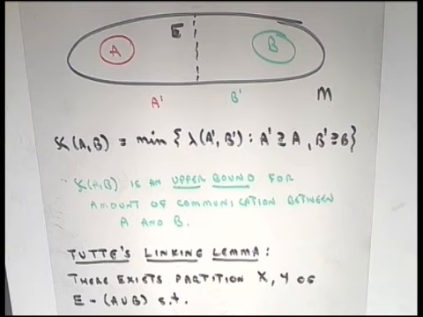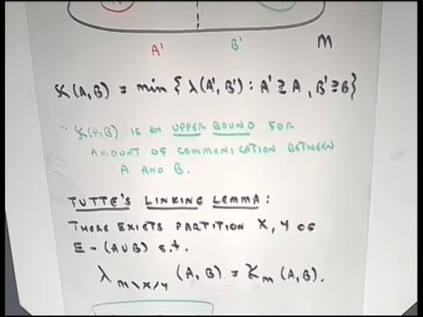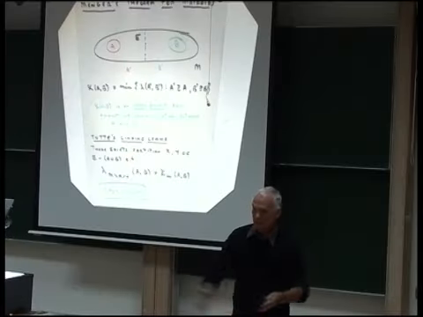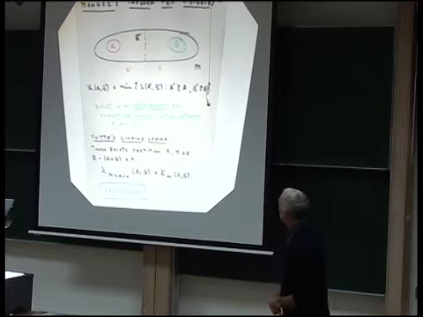So when I find that minimum, what's that minimum doing? It's giving me an upper bound for the amount of communication between A and B. Once you show me a place where A is on this side and B is on this side, and there's stuff there, but there's a small separation, a separation of a certain size, matroidally, separating those two things, then you've bounded the amount of communication.